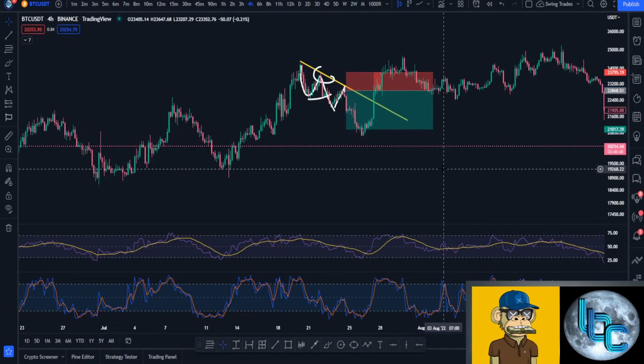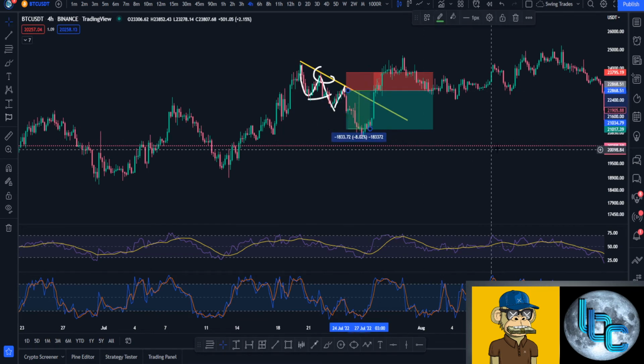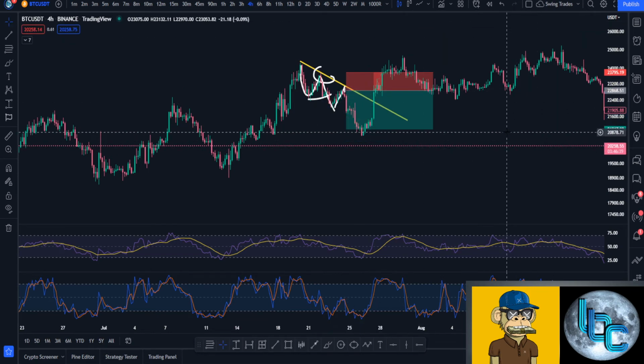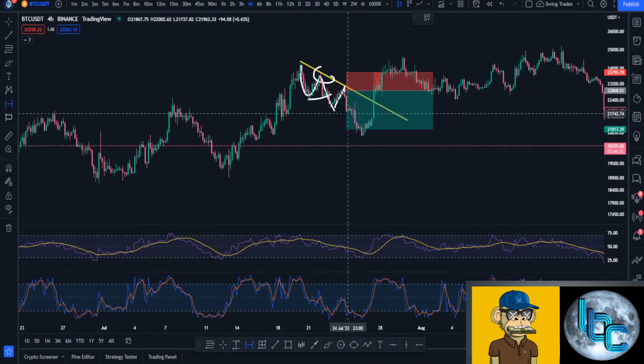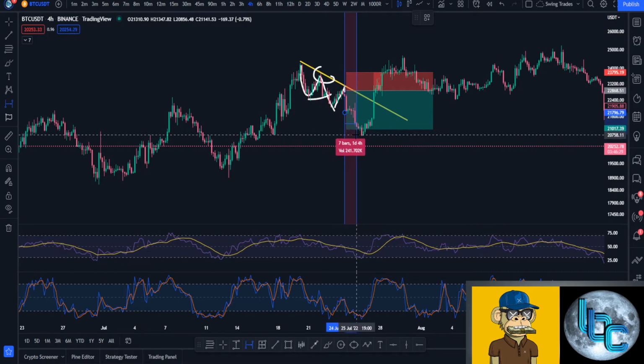Right there. That one is an 8% trade, and it took how long? Let's see, from here, where did it hit? It actually wicked down right into take profit. So it took a day and 4 hours.